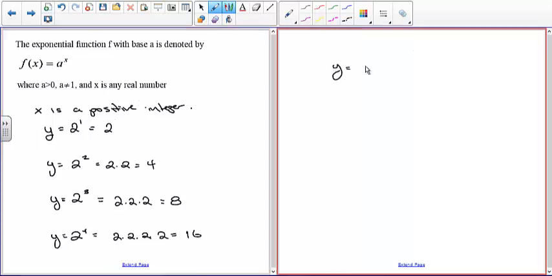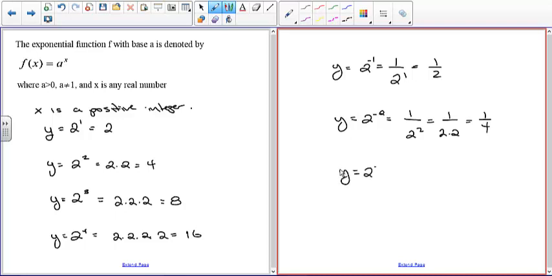From a negative integer standpoint, you'd have 2 to the minus 1 power, which is 1 over 2 to the first power. Then 2 to the negative 2 power is the same as 1 over 2 to the second power. So here we just have 1 over 2, which is a half. Here we have 1 over 2 times 2, which is 1 over 4.